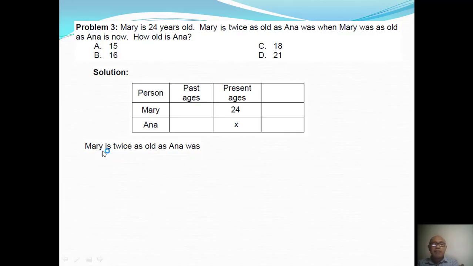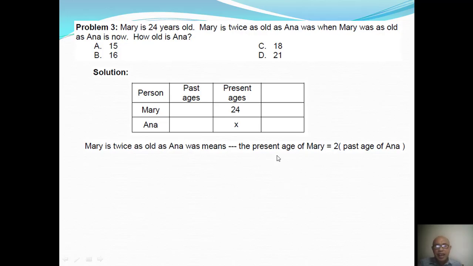The first part, Mary is twice as old as Anna was, means that the present age of Mary is twice the past age of Anna. Mary is twice as old as Anna was, so meaning in the past.